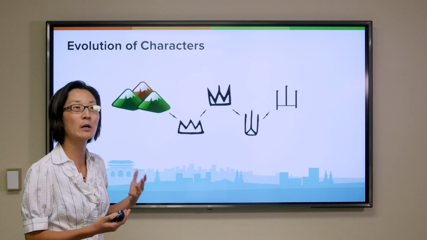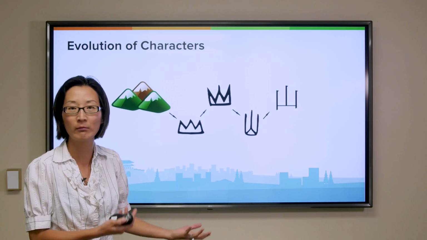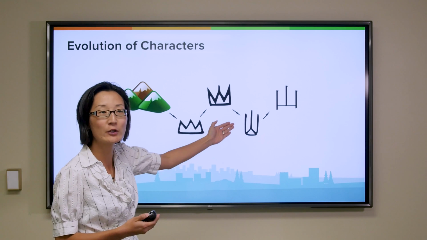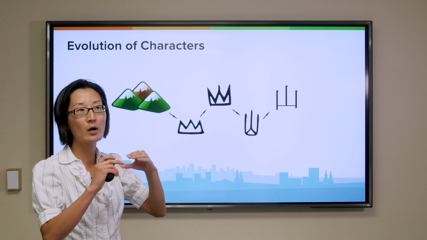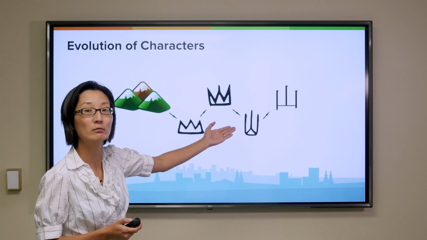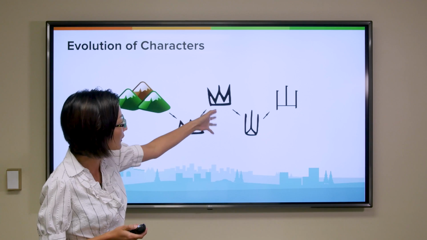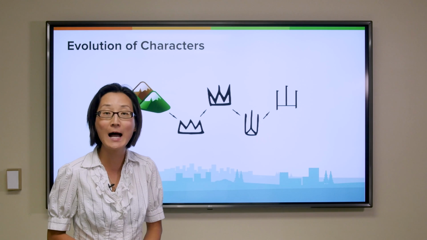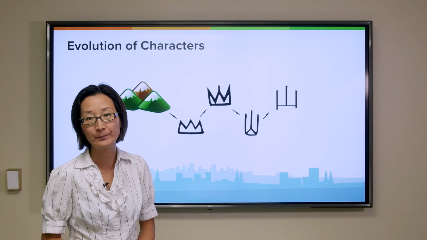So you can pretty much tell that means hill or mountain. And nowadays we change it gradually into the more squarish or boxish character, but you may still be able to see, oh, that looks like 3 different hills there. So that's shan, still means mountain.